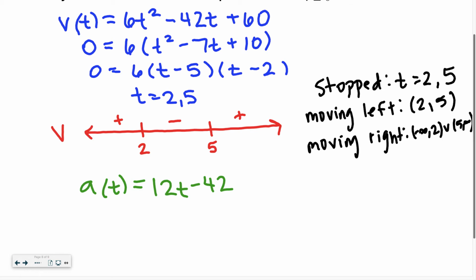Now, in order to figure out the different acceleration, we need to set it equal to 0. When is 12t minus 42 equal to 0? Try that again. We were really close.